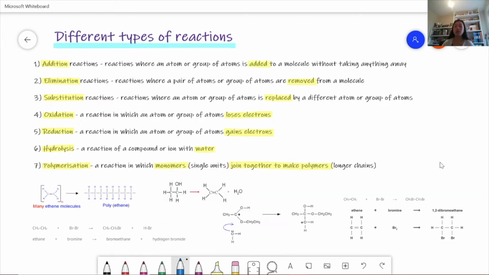So the first one, we can see that we're using many ethene molecules. So ethene is actually a monomer. There's a single unit, and we're joining loads and loads together to make polyethene. And this is actually a polymerization reaction.